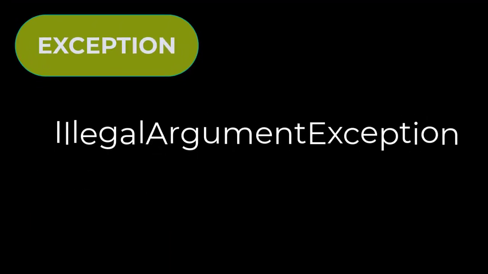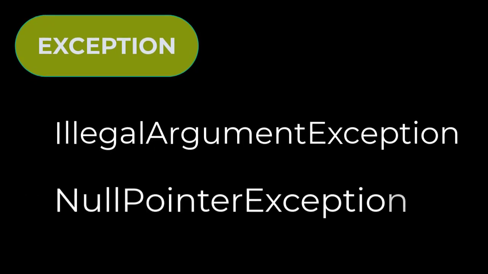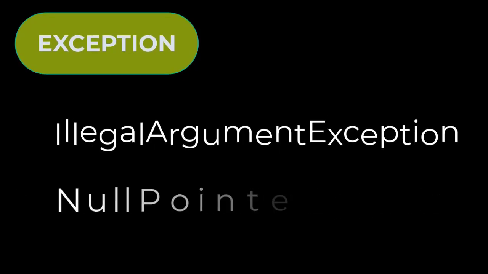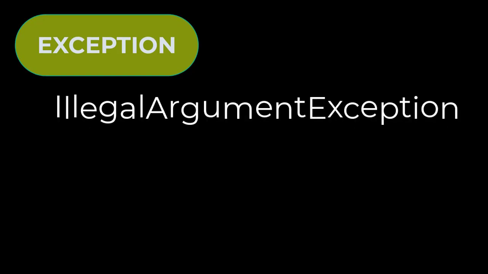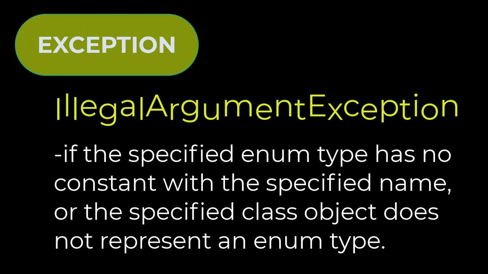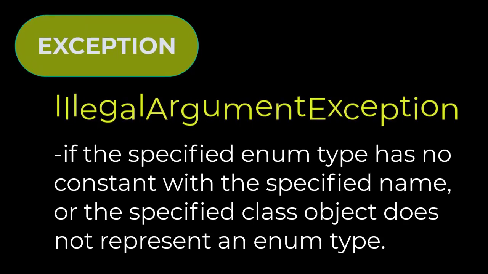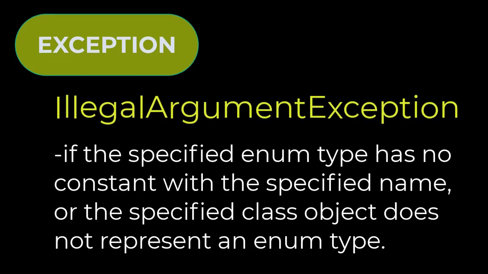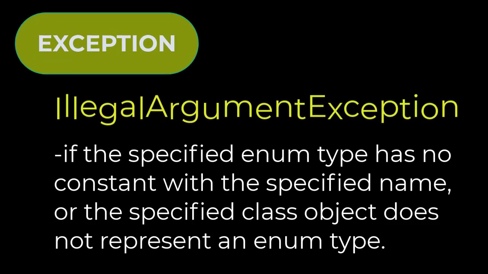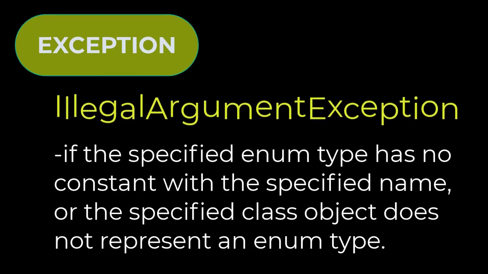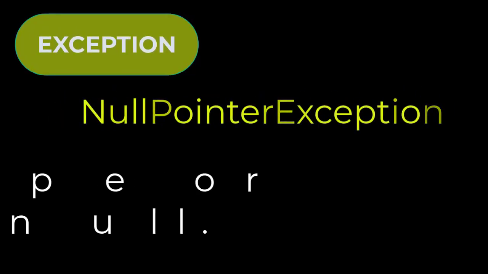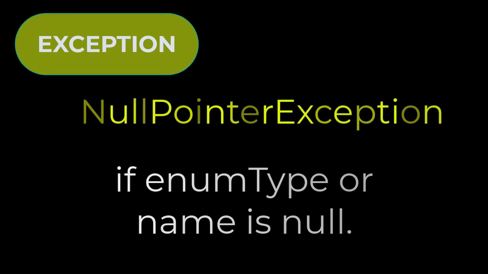One is the IllegalArgumentException, and number two is the NullPointerException. The IllegalArgumentException is thrown if the specified enum type has no constant with the specified name, or the specified class object does not represent an enum type. However, the NullPointerException is thrown if enumType or name is null.